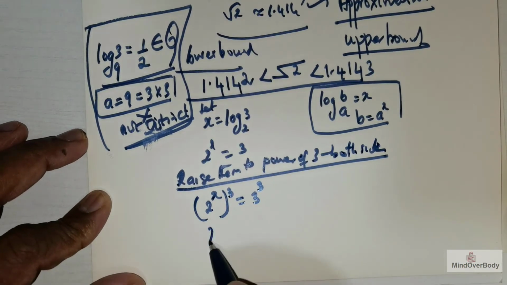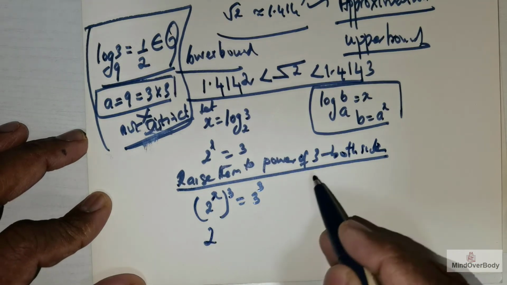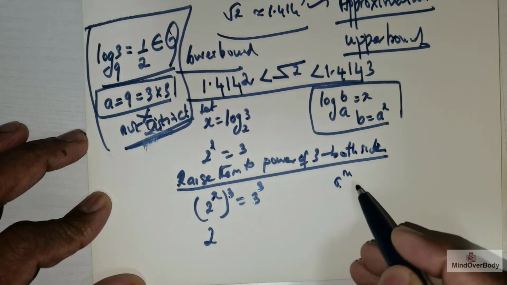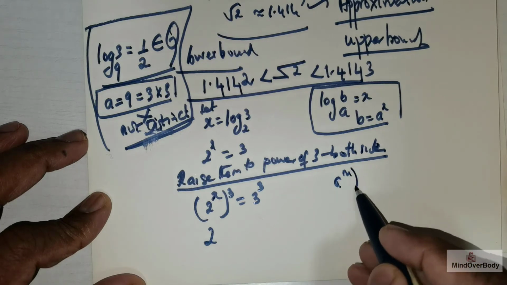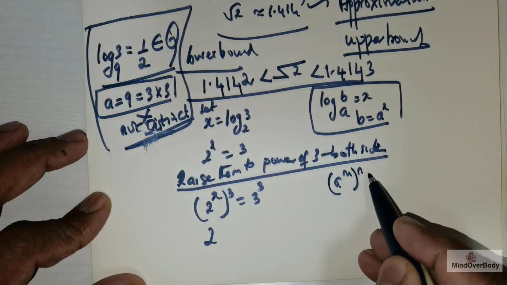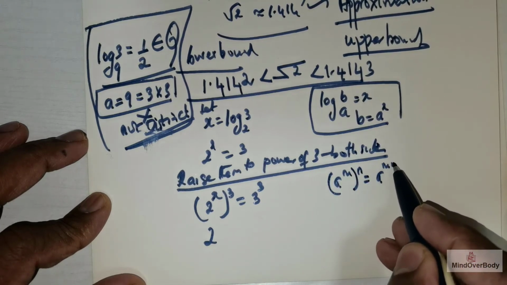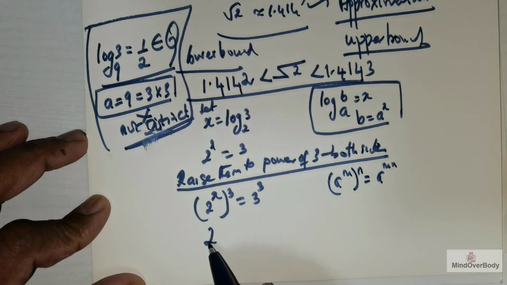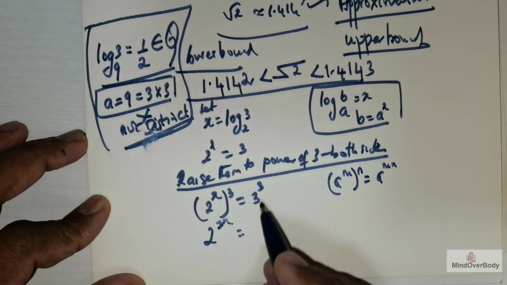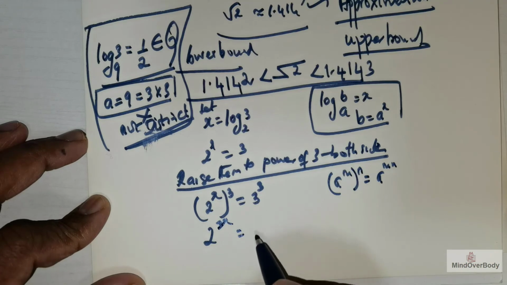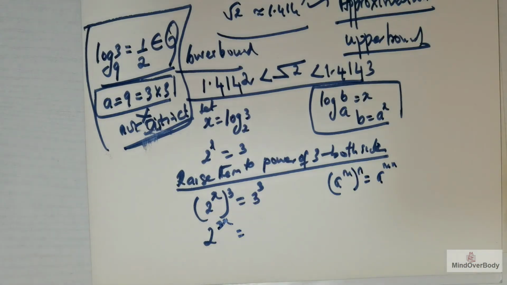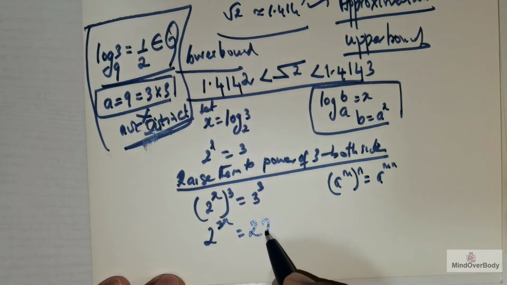Now there is a formula in the law of exponents: a raised to the power m, raised to the power n, is equal to a raised to the power m times n. Because of this, it is going to be 2 raised to the power 3x is equal to 3 raised to the power 3. That is going to be 27.